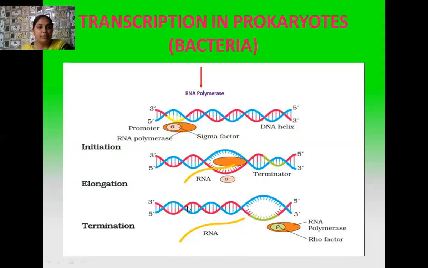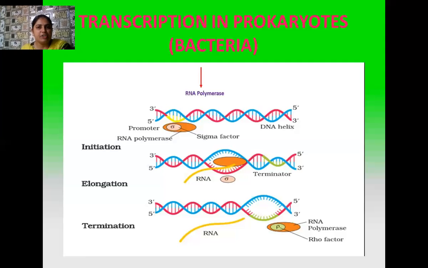So all of this process generally happens in the cytoplasm of the bacterial cell or prokaryotic cell, because here the nuclear membrane is absent. So as soon as the synthesis of messenger RNA takes place, and part of the messenger RNA is synthesized, the messenger RNA that gets ready undergoes the process of translation.